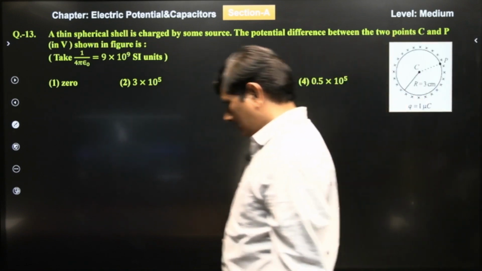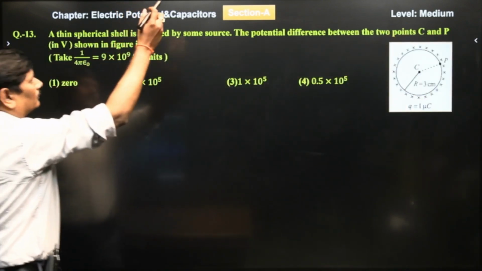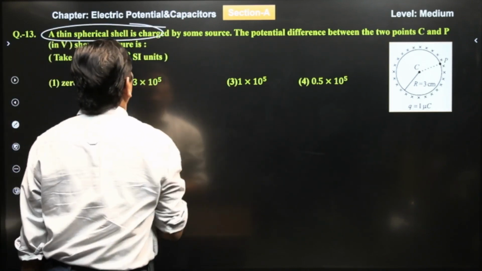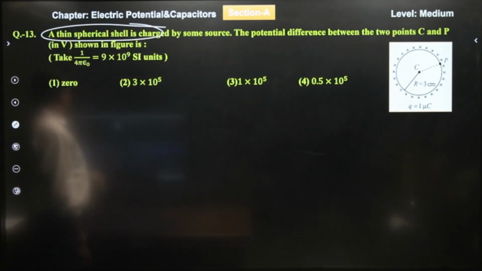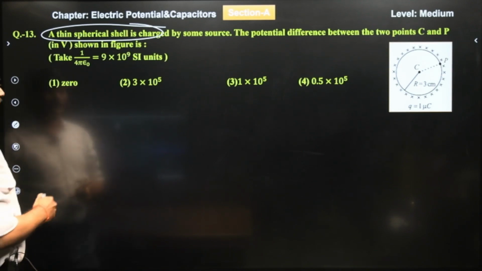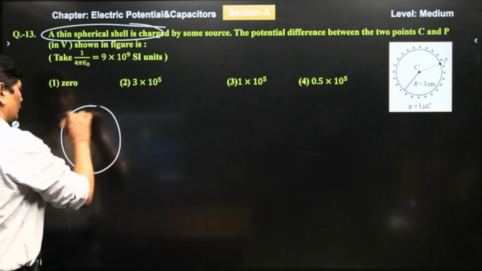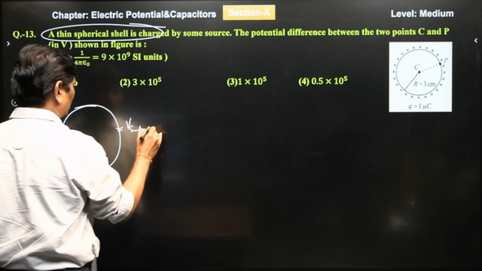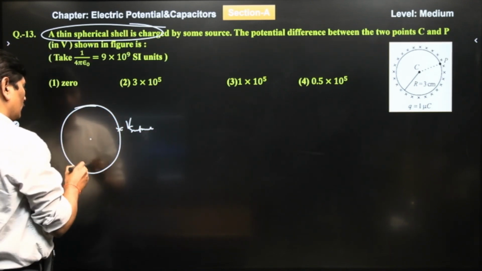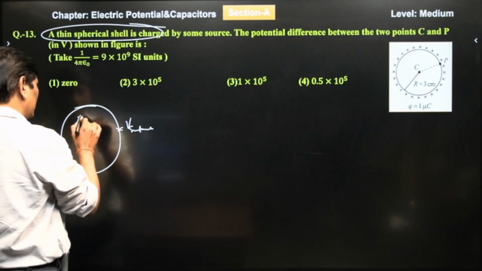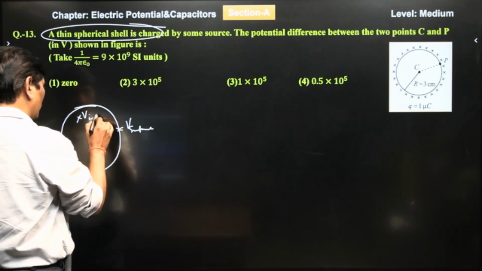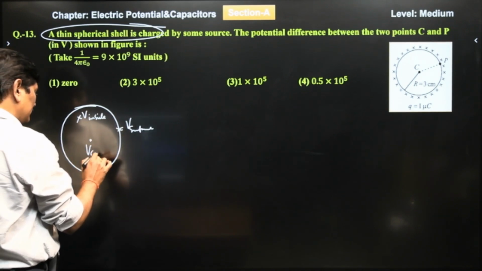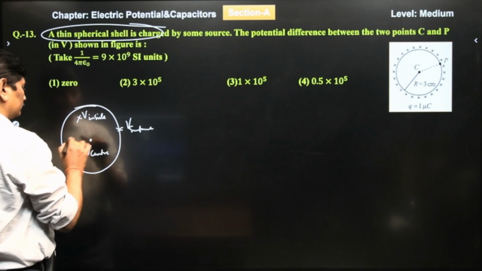In case of a spherical shell, that is important, the potential on the surface, the potential at any inside point, the potential at the center, all are the same.